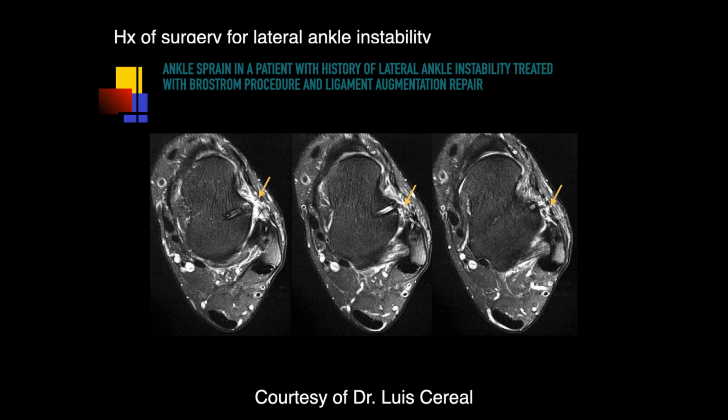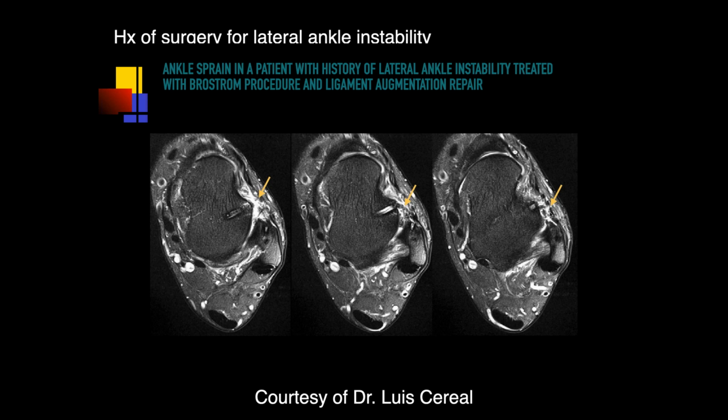Here's another patient who had surgery. History of surgery for lateral ankle instability, treated with Brostrom procedure and ligament augment repair. And you see a surgical anchor at the talus, and I don't really see any good ligament there.